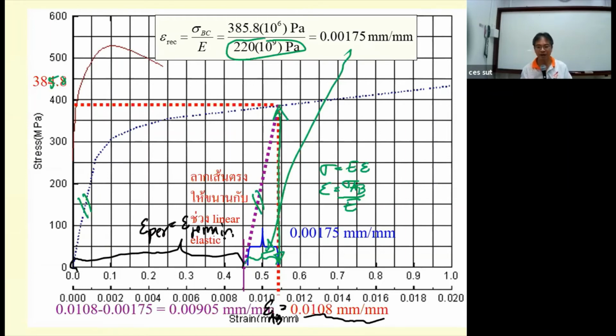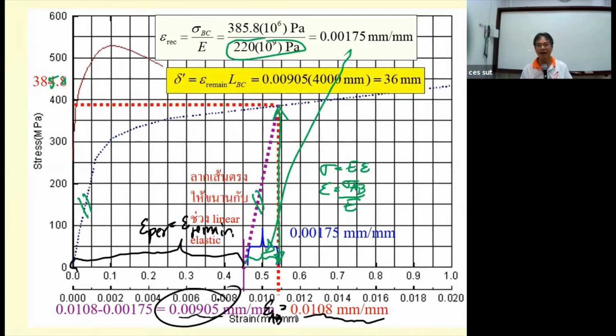Okay, and then we have this one of 0.00905, and this 0.00905 you multiply by the length of the BC, you get this one of 36 millimeter. So for now we have the length of the column to be what?